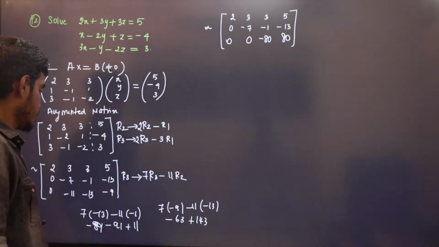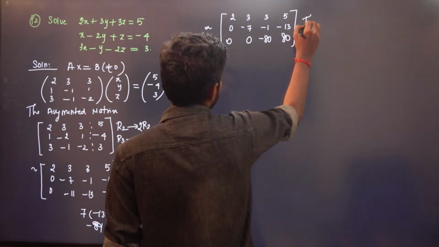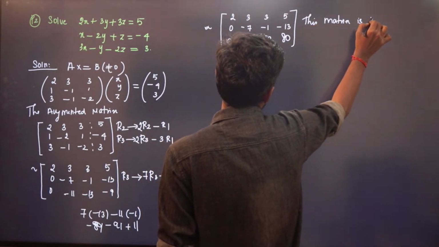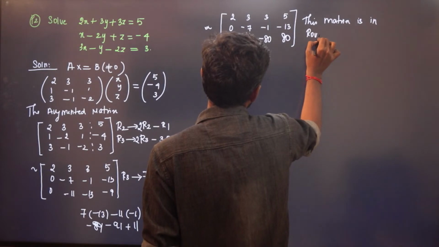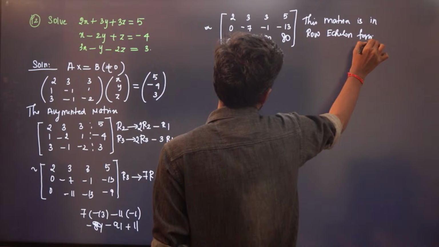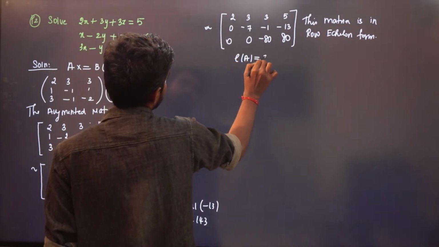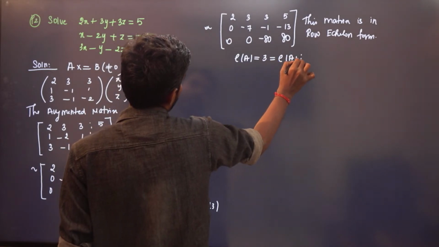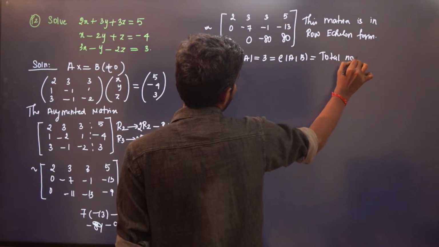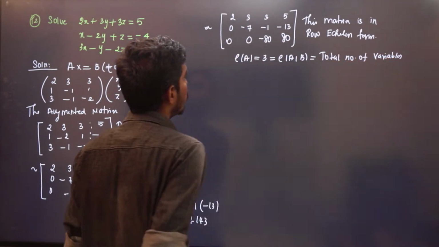Is it clear? Now after this operation, you can see this matrix is in row echelon form. And you can see the rank of A is 3, and the rank of [A|B] is also equal to 3, and it is equal to the total number of variables. Yes or no?